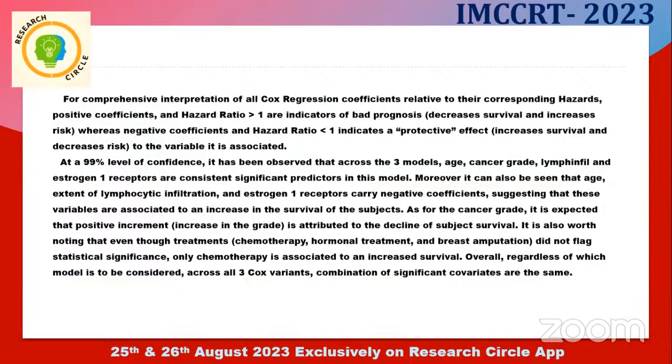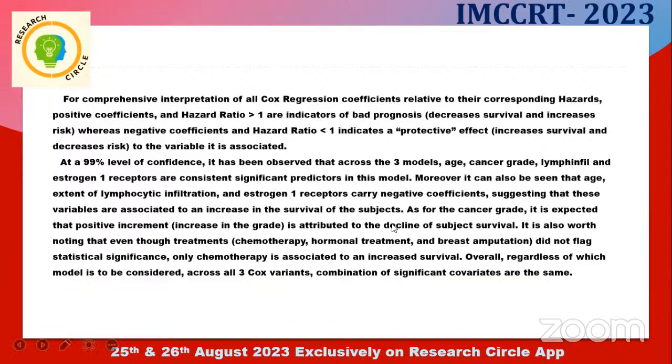So at a 99% level of confidence, it has been observed that the 4 variables, age, cancer grade, lymphocytic infiltration, and estrogen 1 receptors are all consistent significant predictors in this model. Moreover, it can also be seen that age, extent of lymphocytic infiltration, and estrogen 1 receptors carry negative coefficients, suggesting that these variables are associated with an increase in the survival of the patients.